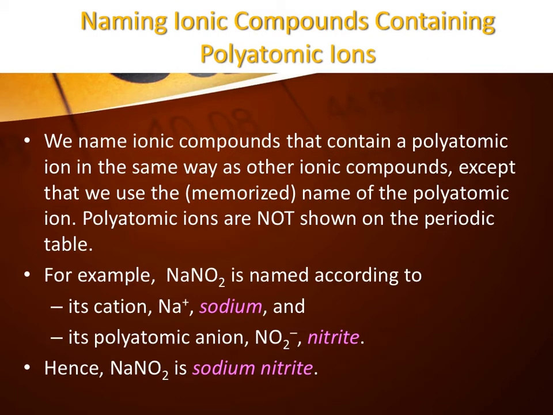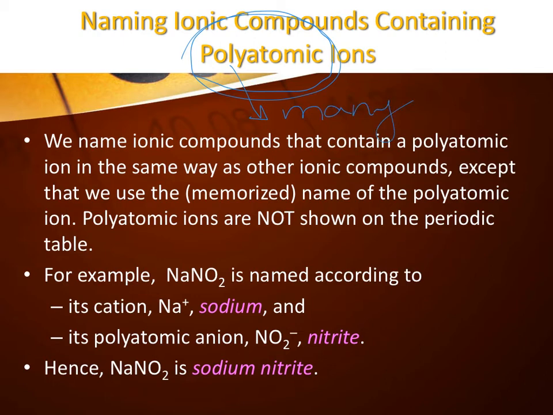Now I'm hoping this isn't a new concept for you. This is the third type of ionic compound, and it's an ionic compound that contains a polyatomic ion. Poly means many, right?